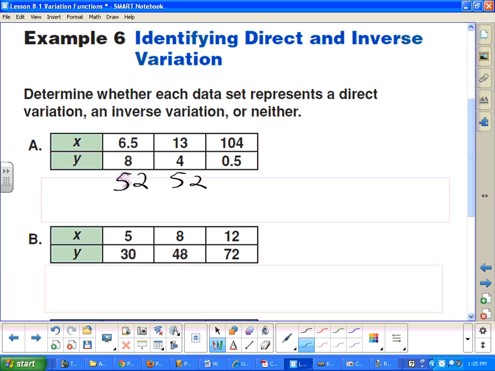Half of 104 is, okay? So since k is equal to x times y in this situation, then this problem represents an inverse variation.